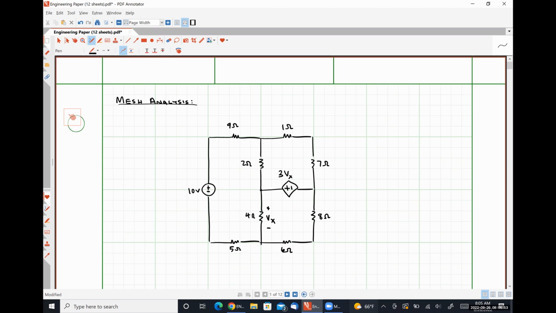All right, so this is our circuit that we are going to be analyzing, okay?